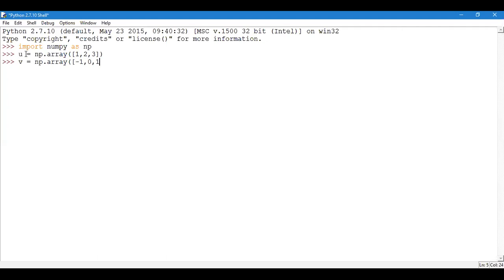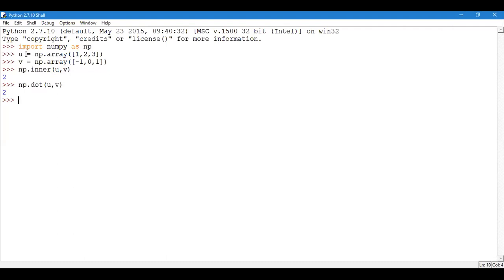You can take anything of your choice. Two vectors are there. We are going to find the inner product. So just simply write np.inner of u comma v, and it will fetch you the result. You can also write in this format np.dot of u comma v, because we are finding the dot product or the inner product, so it will fetch you the same result.